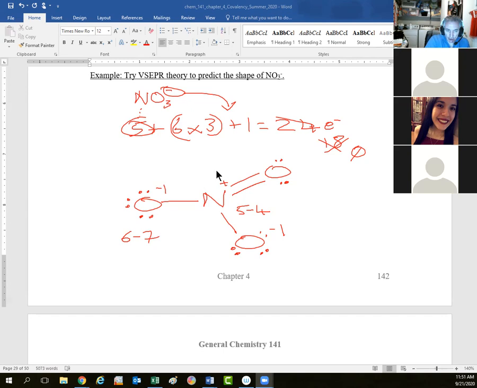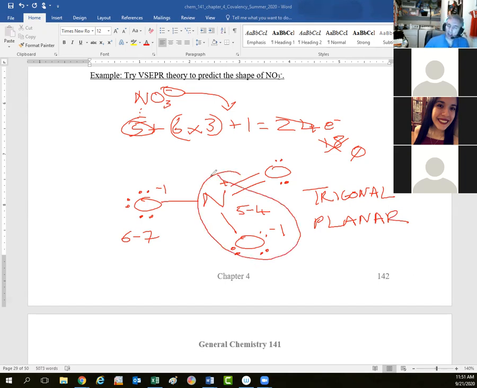Those 3 bonds stretch as far as they can from each other, and that gives us the trigonal planar shape. Nitrogen doesn't like having electrical charge, and it's really bad having positive and negative charges right next door to each other. That is destabilizing, but completing the octet gives enough stability for it to exist.